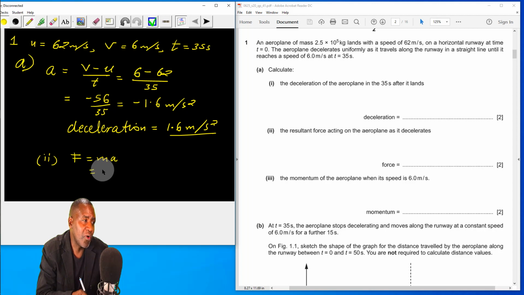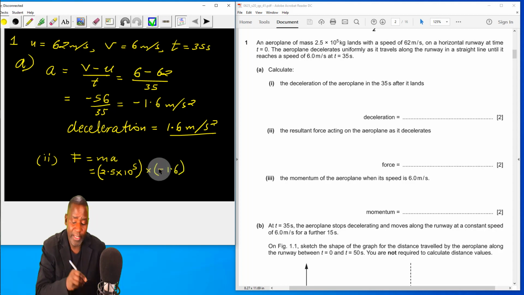For example, over here, the mass is 2.5 by 10 raised to power 5. That is the mass in kilograms, and the acceleration is negative 1.6 meters per second squared. Let's see what we get from there.